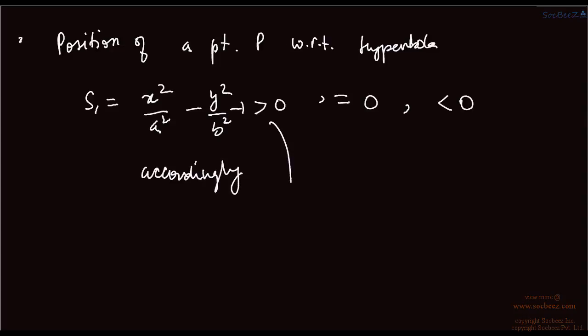If it is greater than 0, then it will lie inside. If it is equal to 0, then it will lie on the hyperbola. If it is less than 0, then it will lie outside.